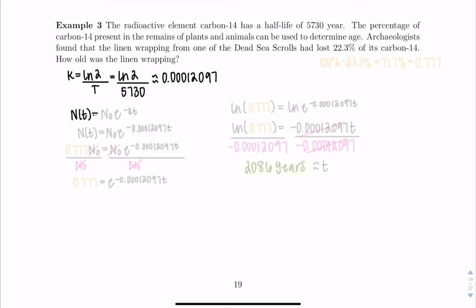So we need to substitute this into our formula for decay. That is N of t equals N naught e to the negative kt. Well, we've got k, so let's go ahead and plug that in.